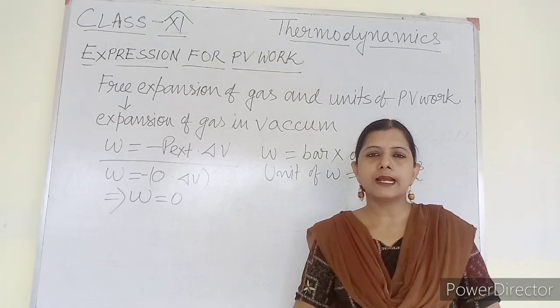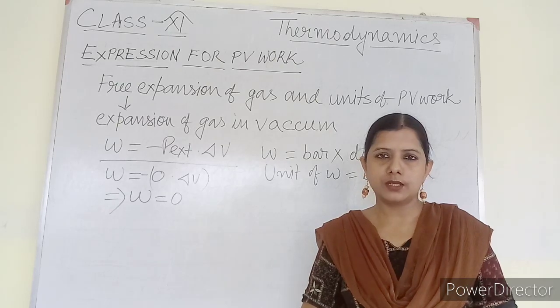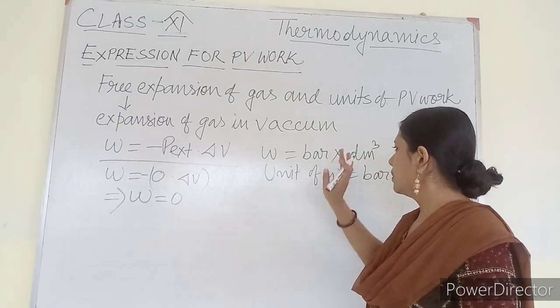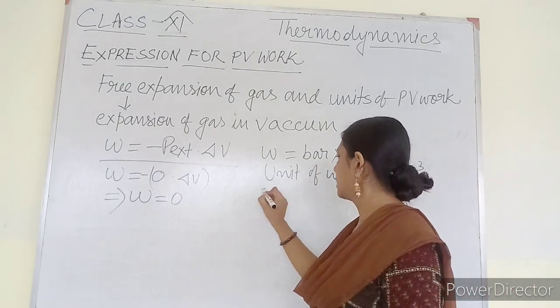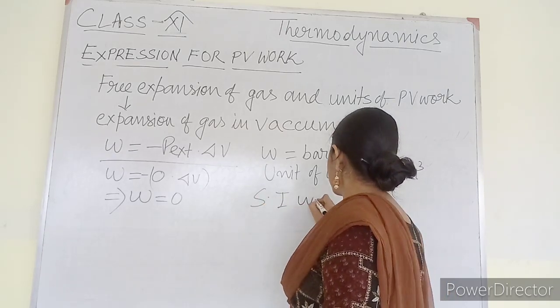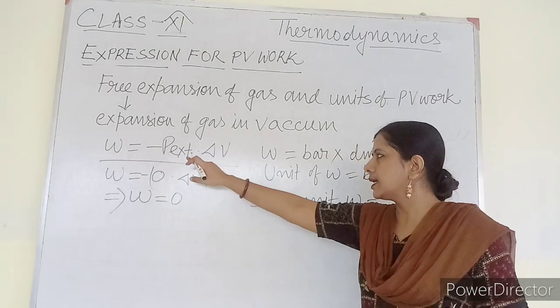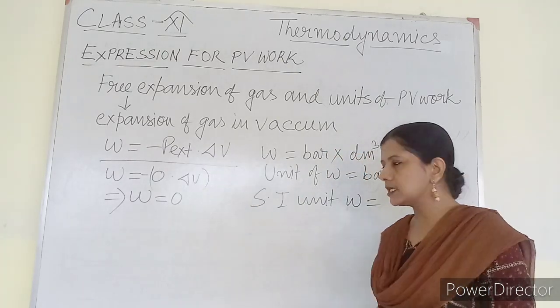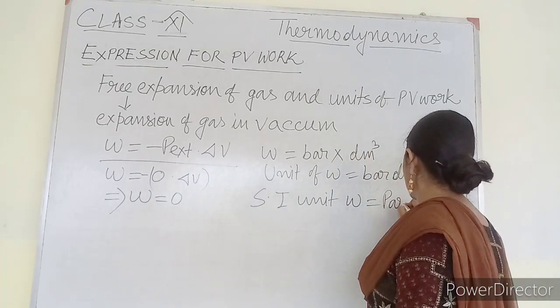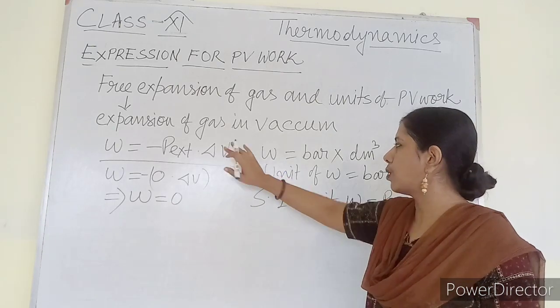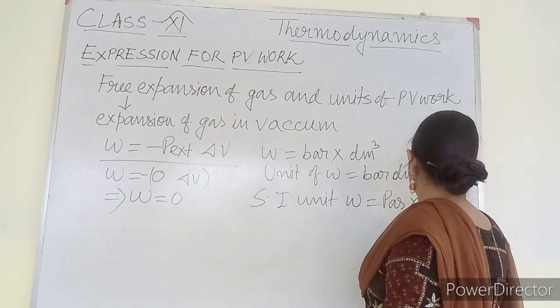Now suppose I am writing the unit in SI units. In SI, the unit of pressure is Pascal and the unit of volume is meter cube.